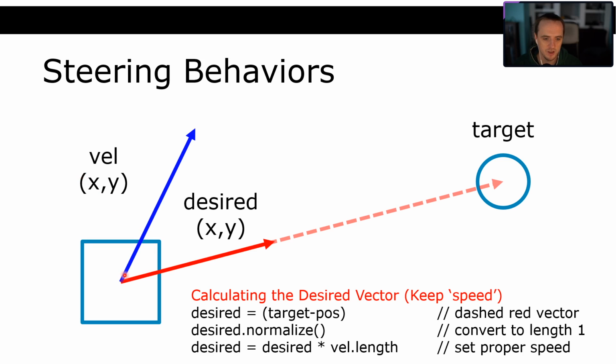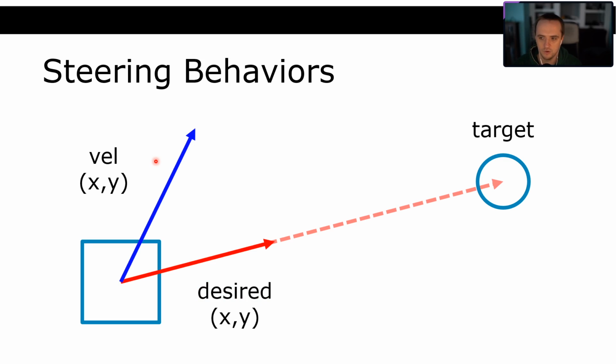Okay, so see how we do that? We get the entire dashed line, then we normalize that vector to get a unit vector, and then we multiply the unit vector, which has length 1, by the length of the original velocity vector. And so that is our new desired vector. Okay, so now we have our current velocity and we have our desired velocity.